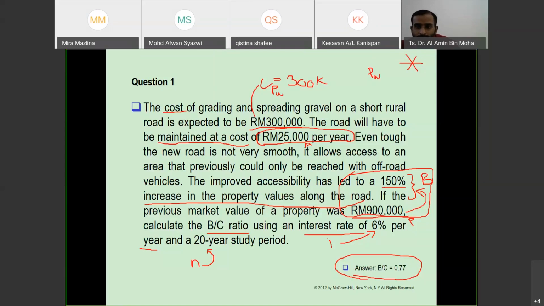Anyone got it? Yes, anyone got the answer right? 0.77.